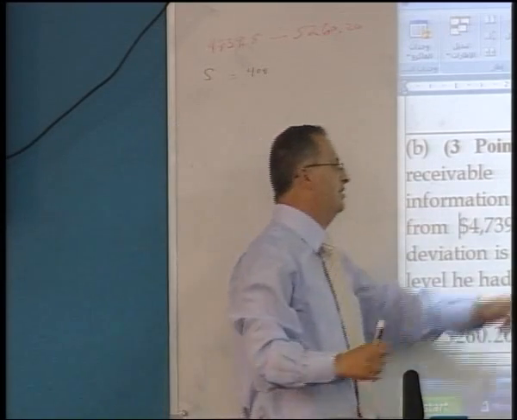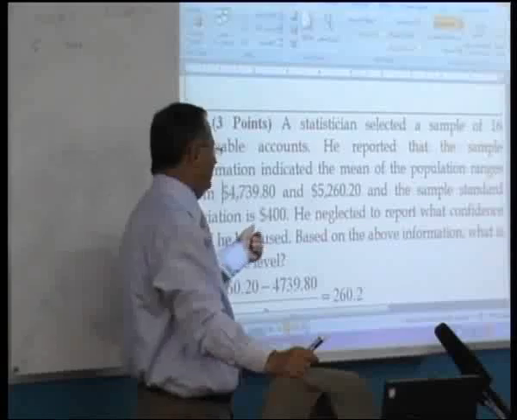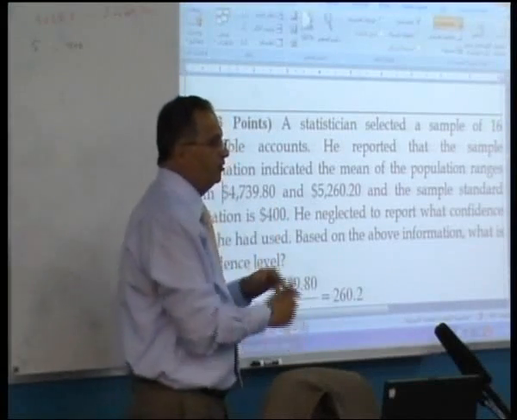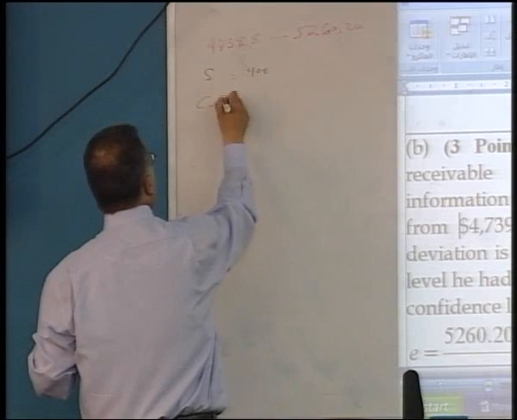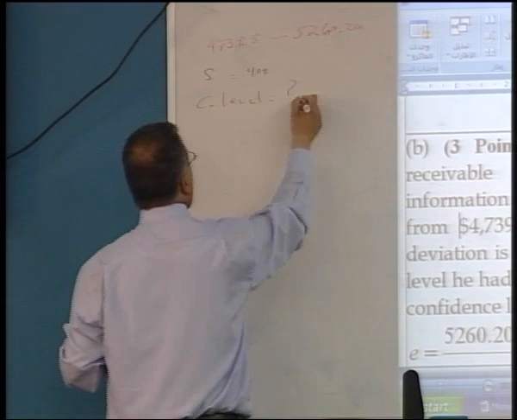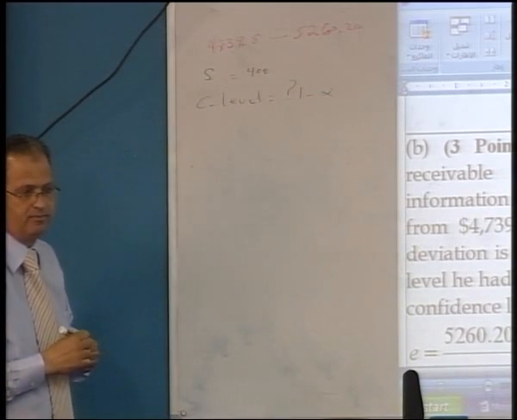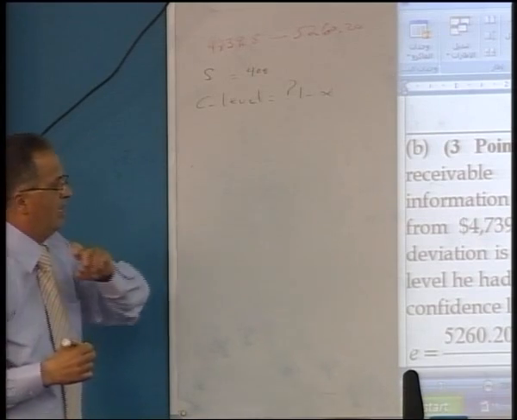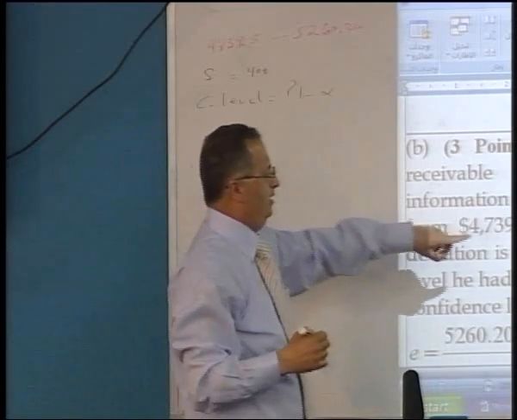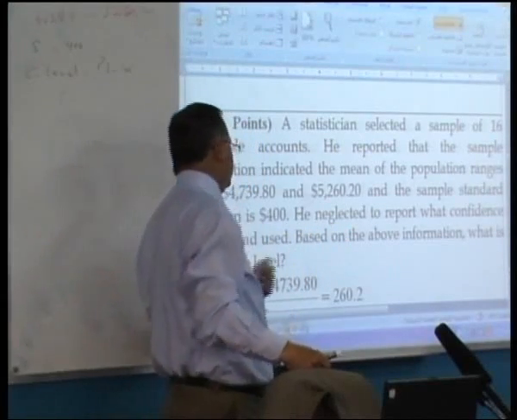The statistician neglected to report what confidence level he had used. So we don't know the C level. So the C level is unknown, which actually is 1 minus alpha. Based on the above information, what's the confidence level?